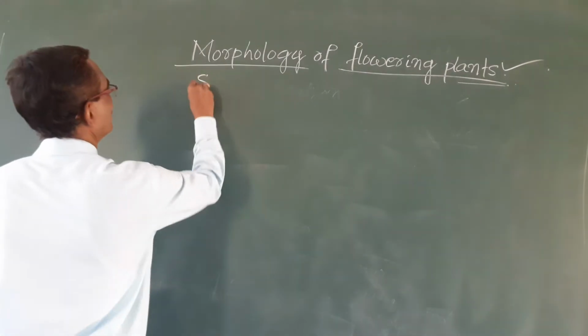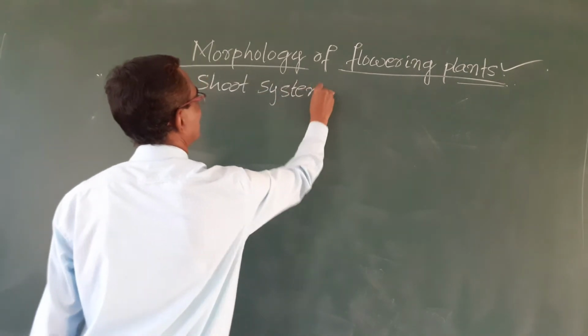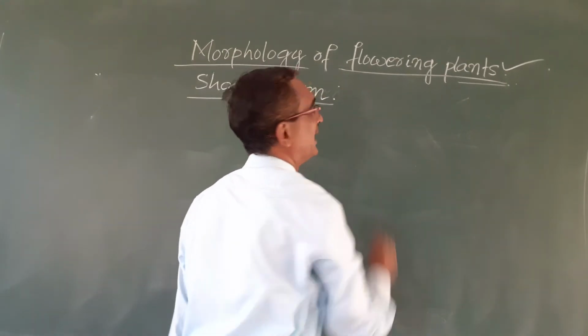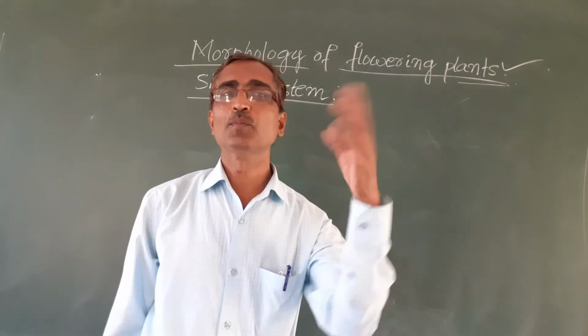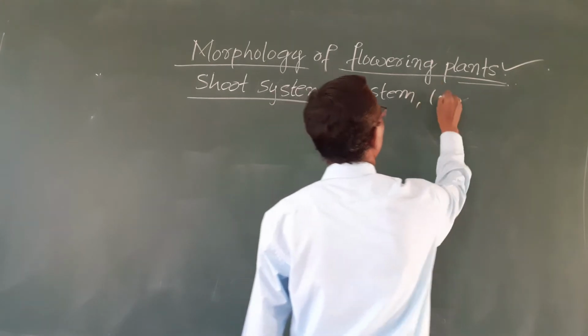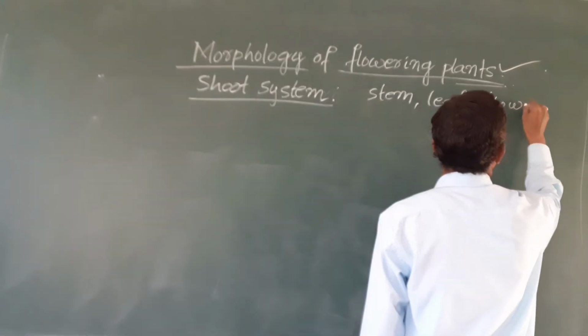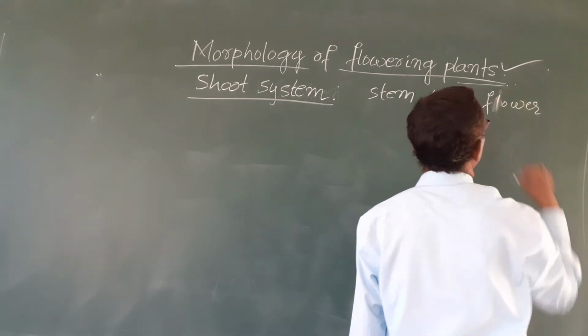Next, the shoot system, that is the aerial part, the one which is above the ground, and it consists of stem, leaf, flower, etc. Isn't it?